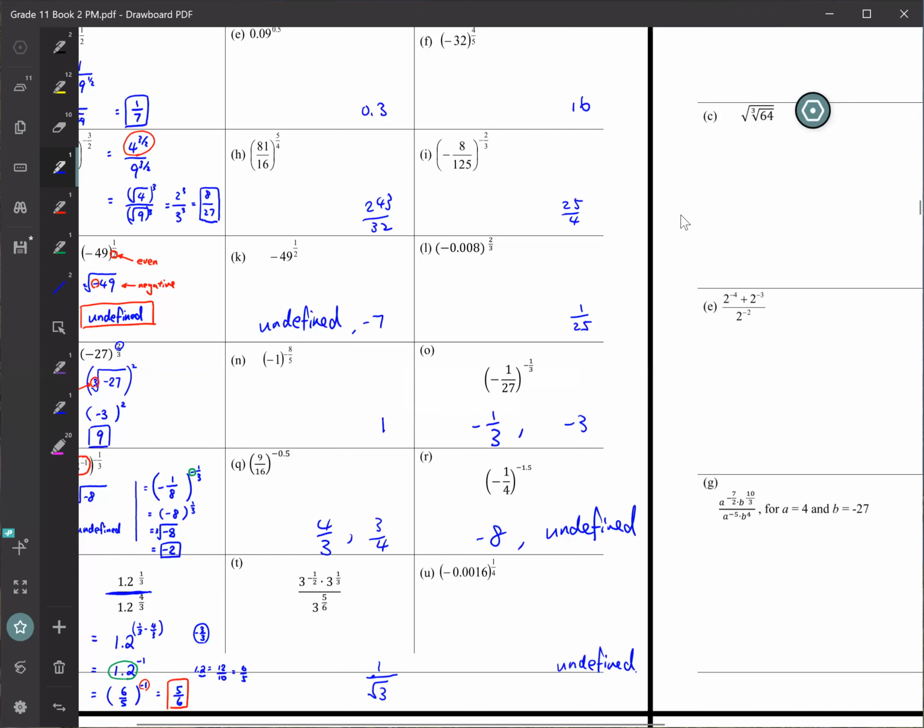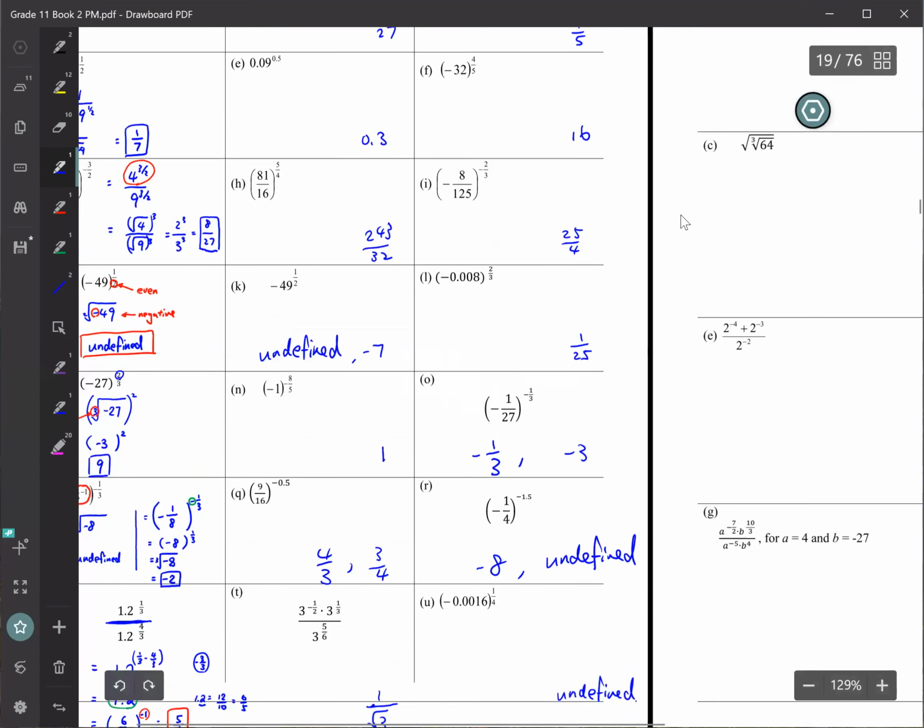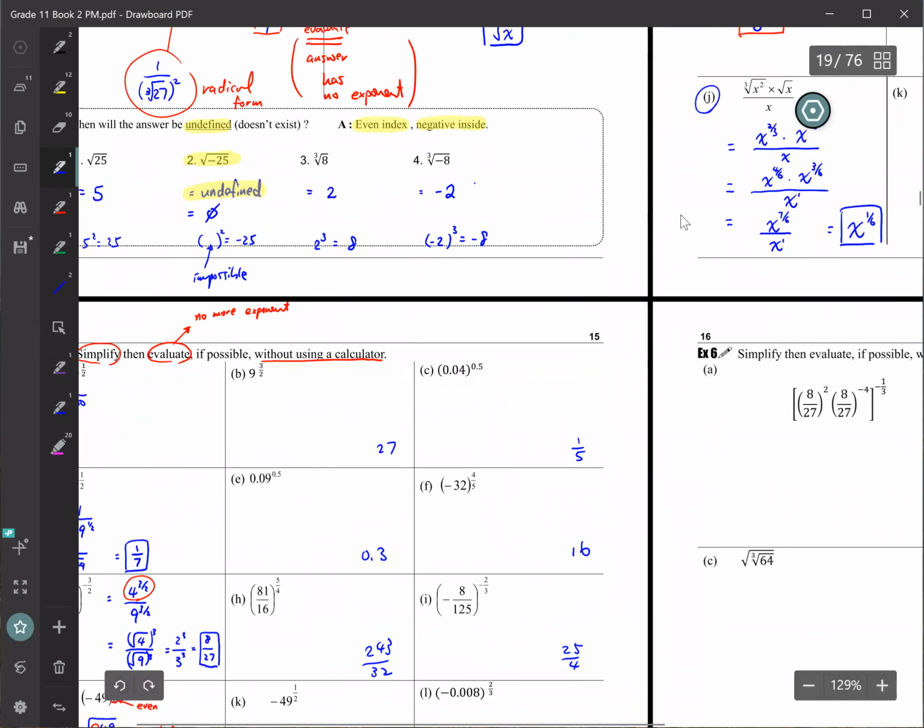Yes. Okay. Anyone else want to add anything? T and U, do you guys agree? One over √3. Okay, last call. Let's go over it, starting with question B.